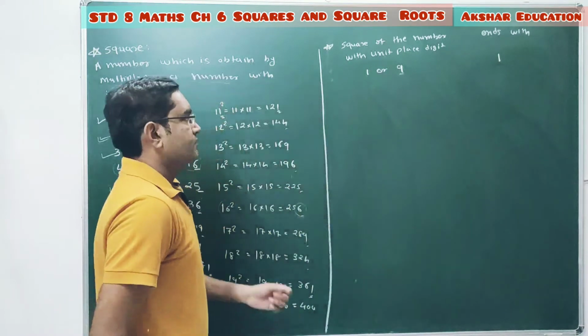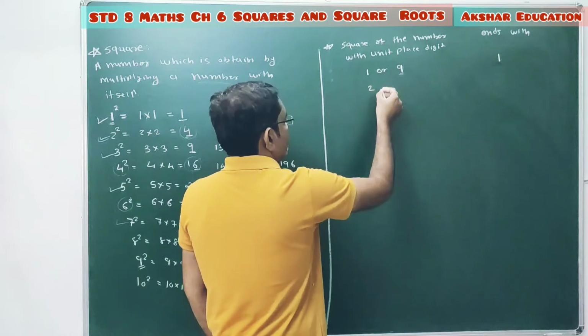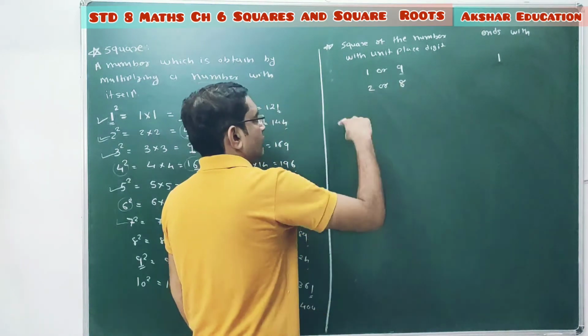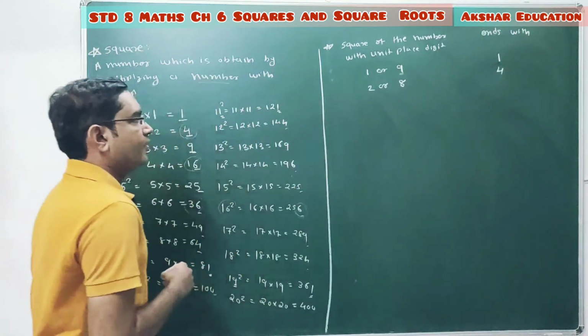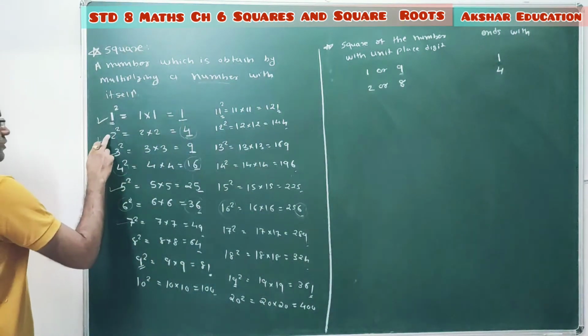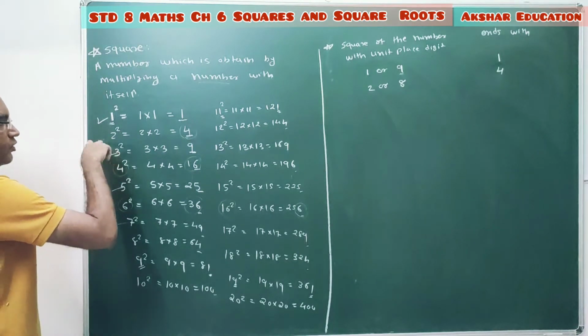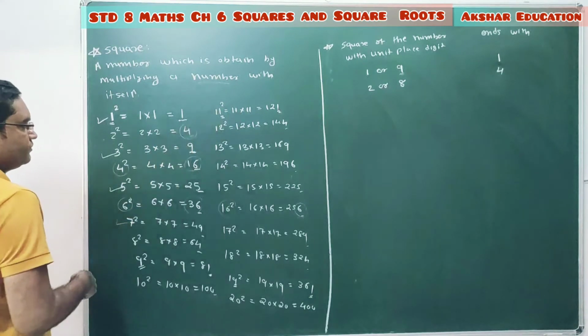Clear students? Now next, any number whose unit place digit is 2 or 8, whose square always ends with 4. For example 2 square. So here the unit place digit is 2, square is 4. So again the unit place digit of this 4 is 4.